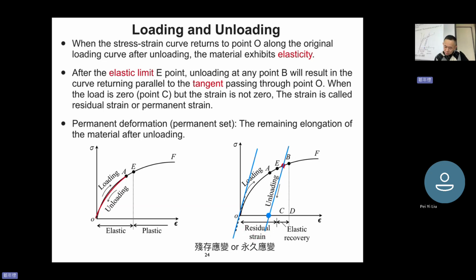So you can see that the residual strain can keep increasing. If you start loading again here, it goes from here, then C to B, and goes back. The residual strain will increase and increase.